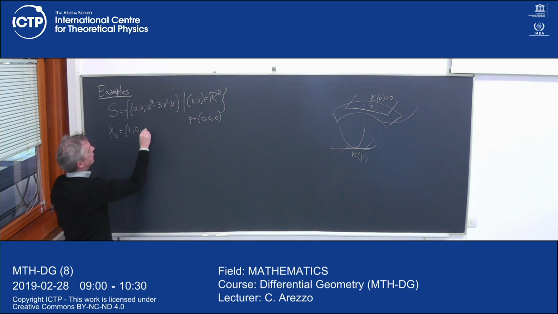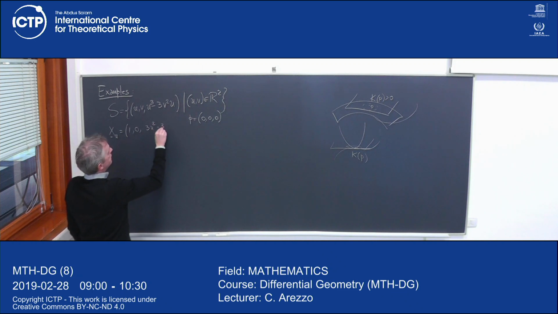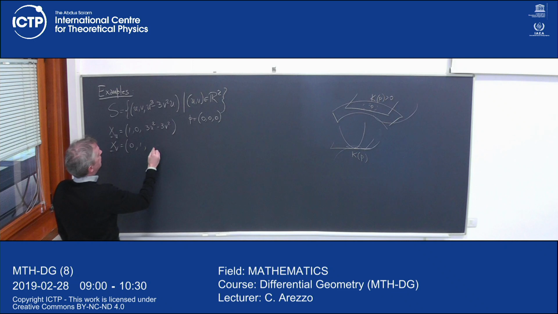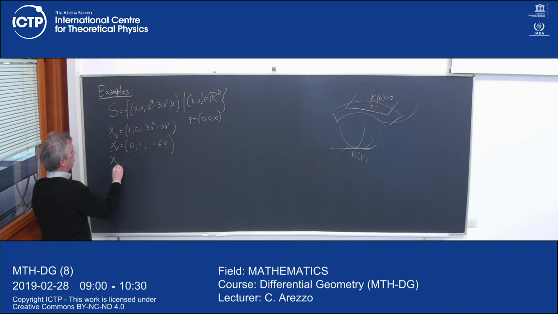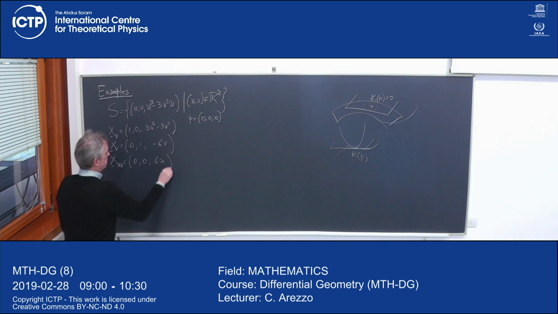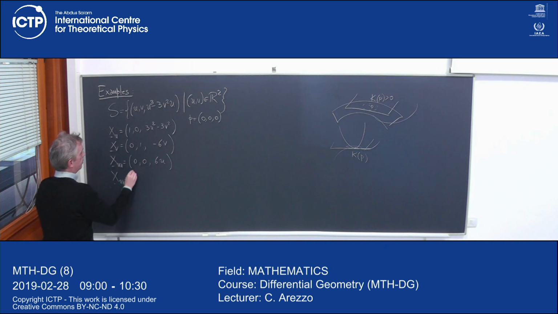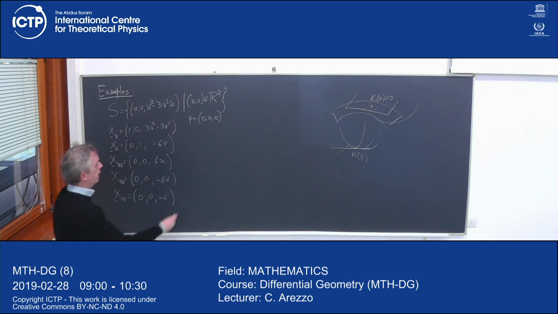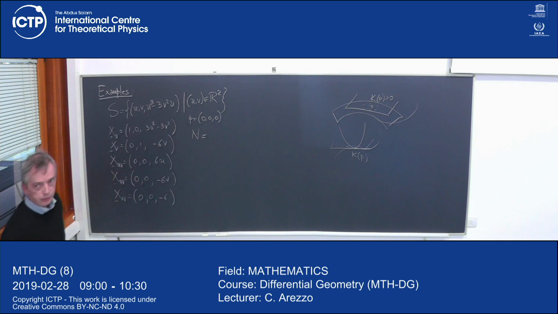So x_u is (1, 0, 3u squared minus 3v squared), x_v is (0, 1, minus 6v), x_uu is (0, 0, 6u), x_uv is (0, 0, minus 6v), x_vv is (0, 0, minus 6). Now I need n, the normal vector.